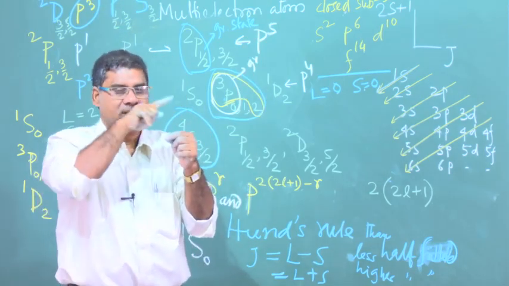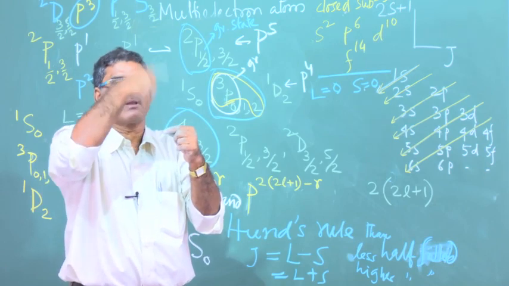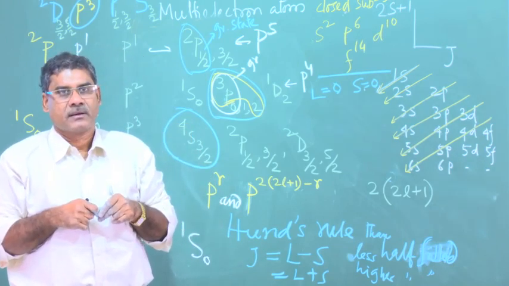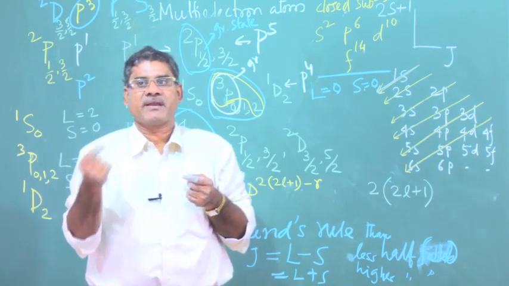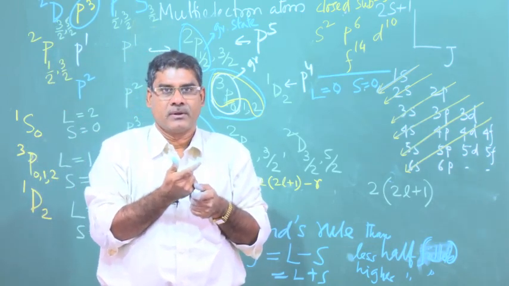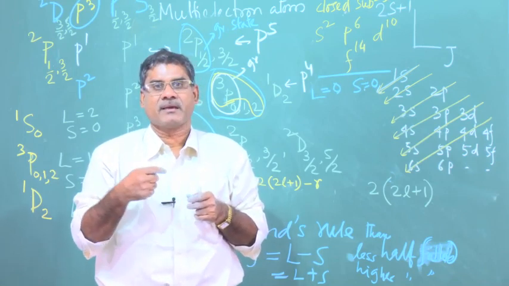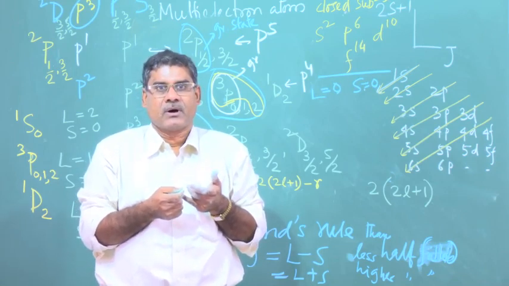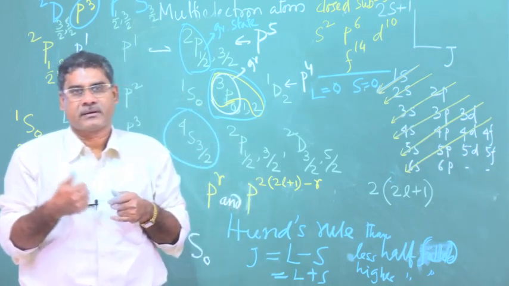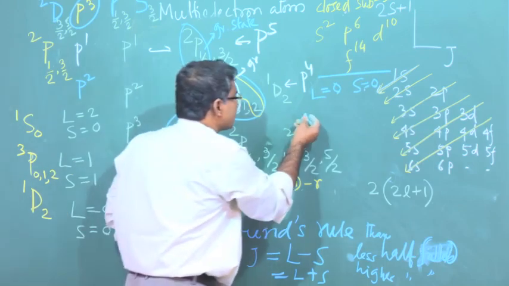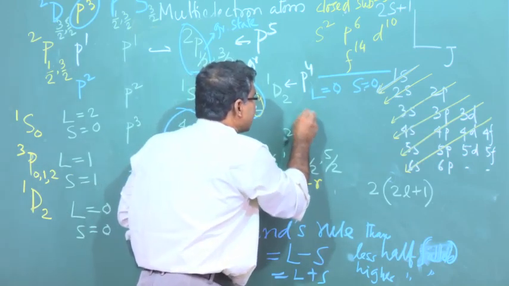If I know the spectroscopic term, I can find out the corresponding transition and get the spectral lines. If I apply a magnetic field, then I can find out the Zeeman effect. Basically I have to calculate this energy.